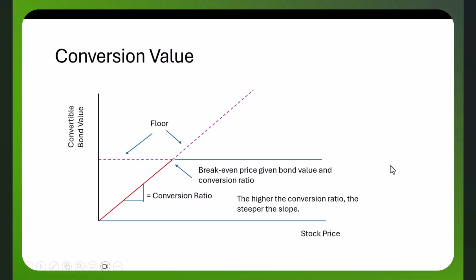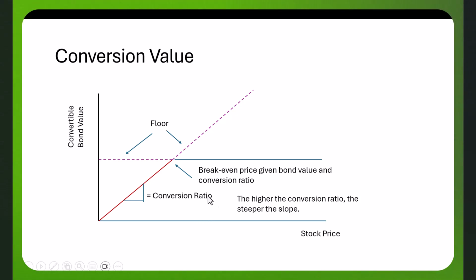Let's toss in a conversion value. Here you have the opportunity to convert into shares of the company stock. The slope of this line here is the conversion ratio.